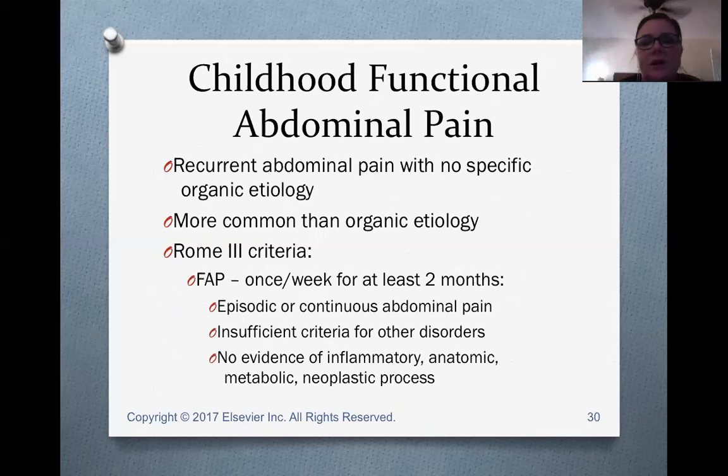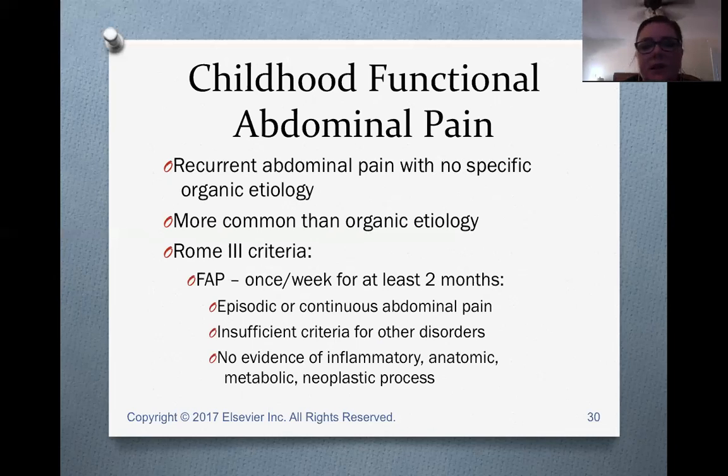So moving on to some psychosocial causes of abdominal pain, I wanted to point out that there is something called childhood functional abdominal pain, which basically is recurrent abdominal pain without any organic cause. This is pretty common, and there's specific criteria to diagnose functional abdominal pain in children, and that's what the FAP stands for.